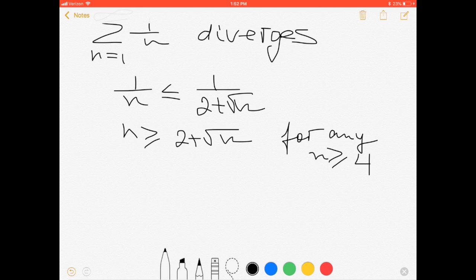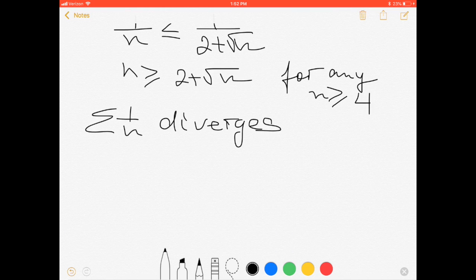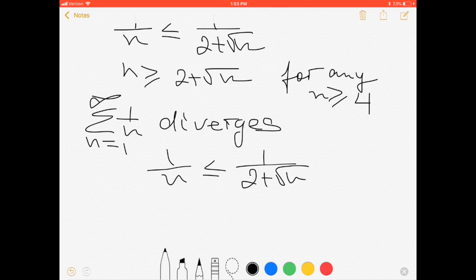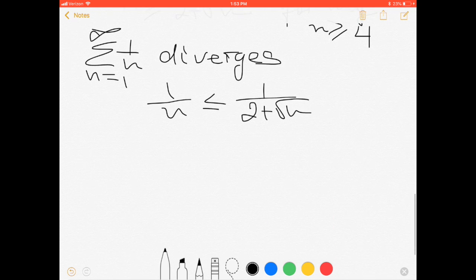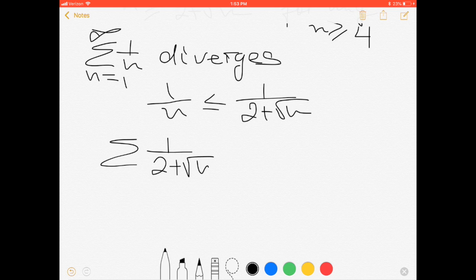This means we found the series 1 over n diverges, and each term of this series is less than or equal to the term of the series we have before. This means our series 1 over 2 plus square root of n, from 1 to infinity, diverges.